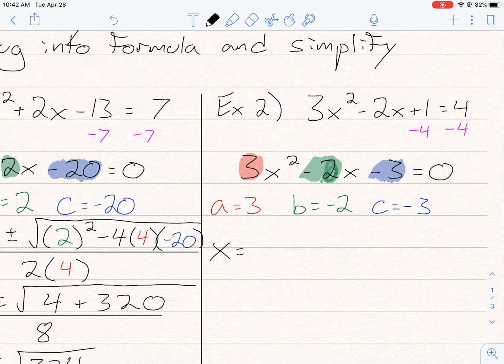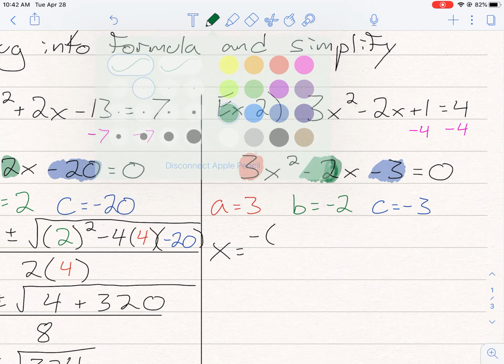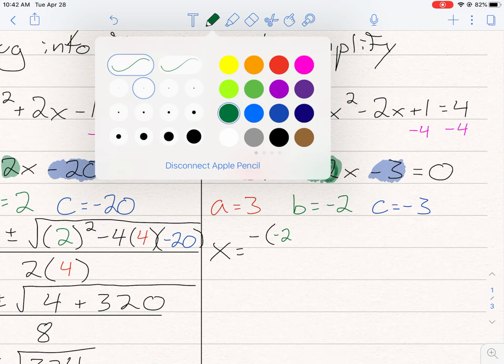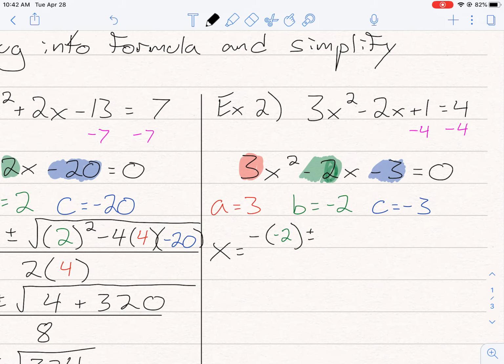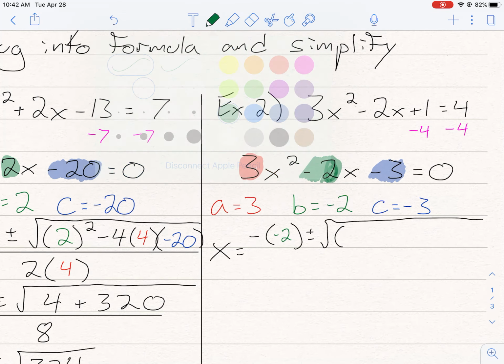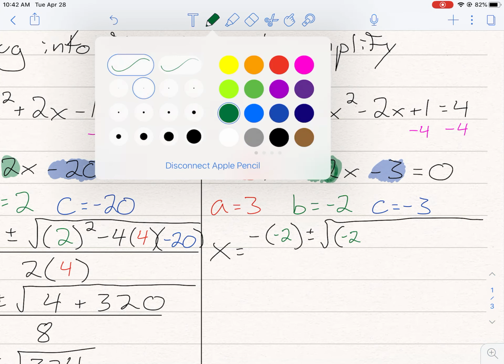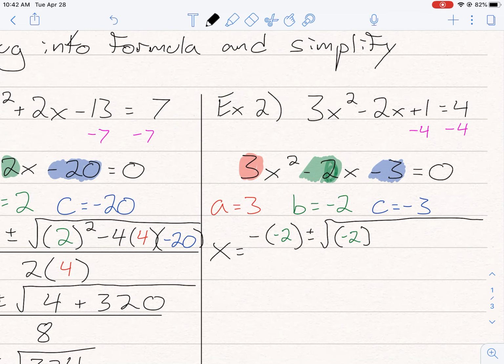So plugging into our formula, x is equal to, now careful here because this is supposed to be negative b, so it's negative negative 2 plus or minus the square root of negative 2 squared.